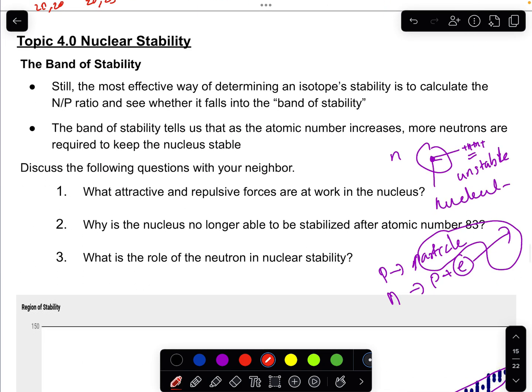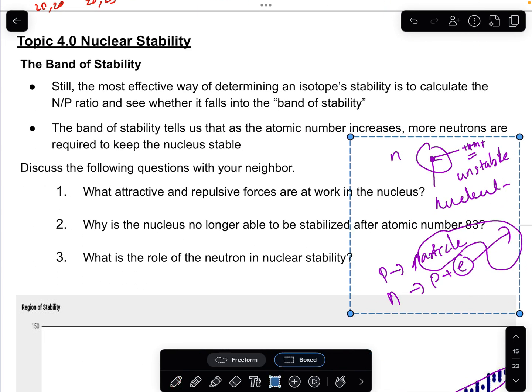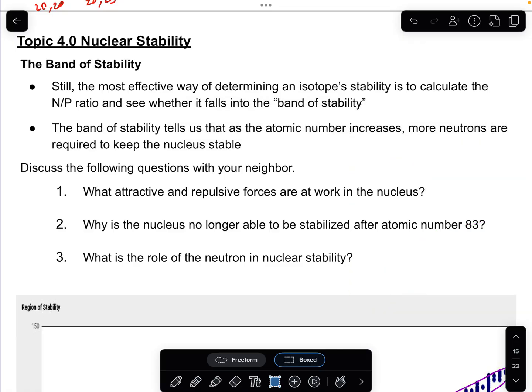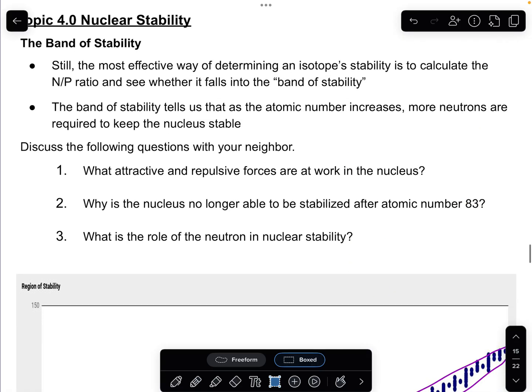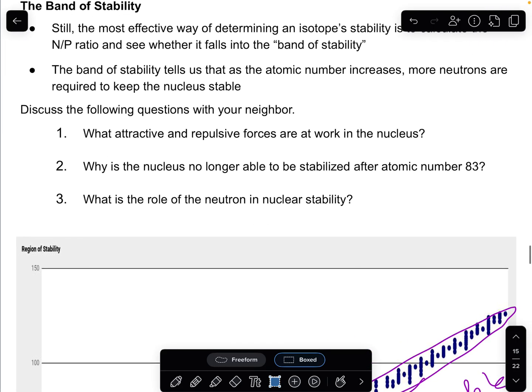Okay, now we are going to discuss the biggest topic, which is very advanced, but we can just look at the basic things in it, which is called the band of stability.